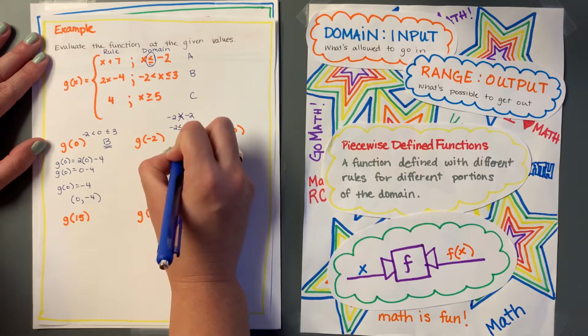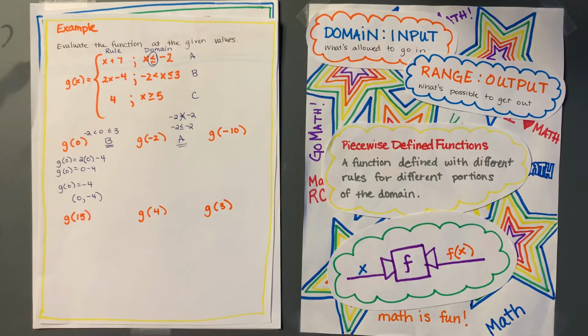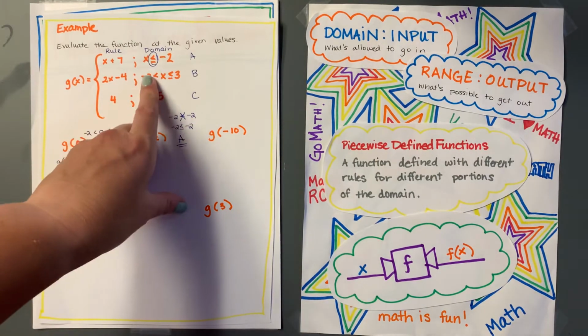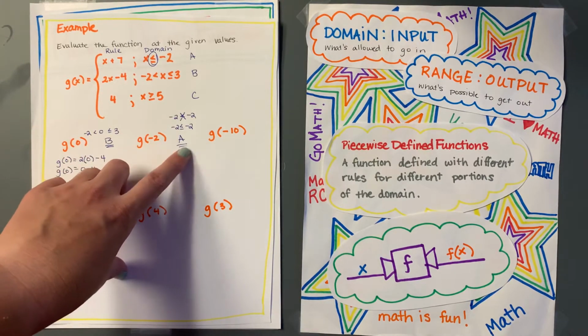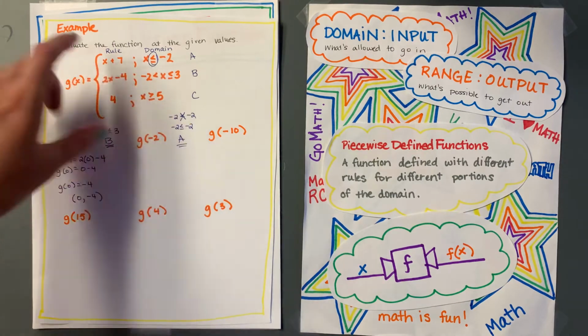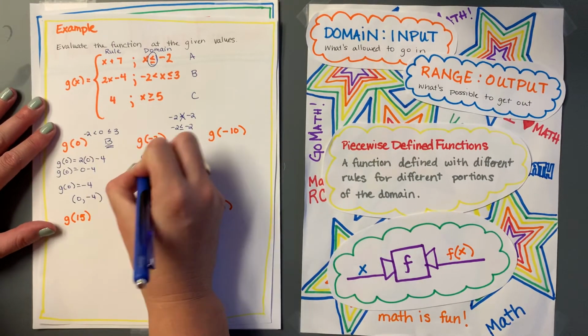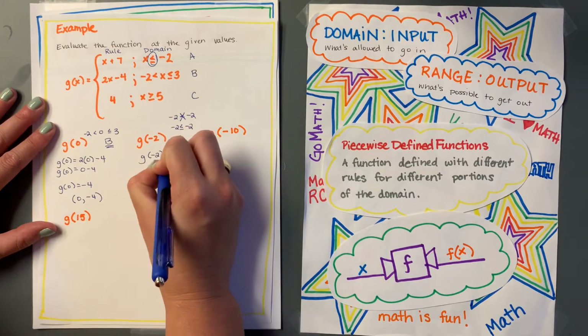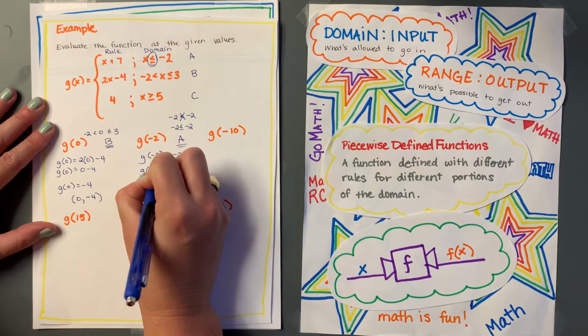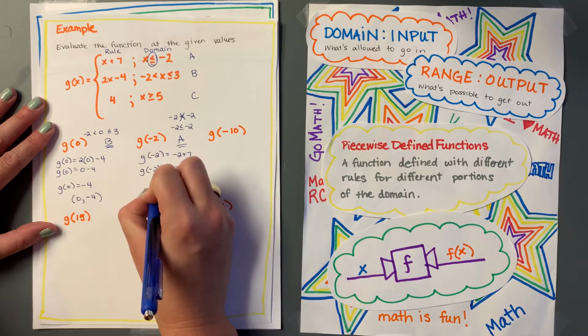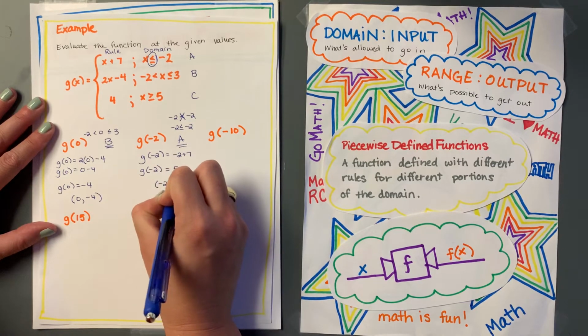So that means I am following rule A. I need to check to see which of these makes a true statement for my input, and in this case it's A. So g of -2 is equal to -2 plus 7. g of -2 is equal to 5. This gives me the point -2, 5.